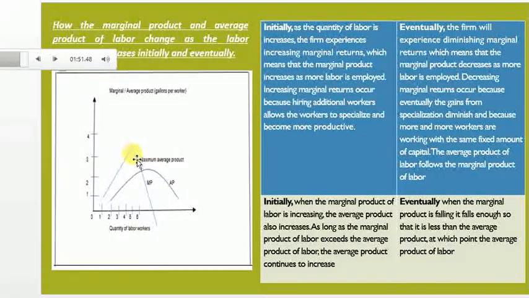Then these two curves intersect each other at the average product's high point. So this point is the maximum average product, and at this point the average product curve is at its high.